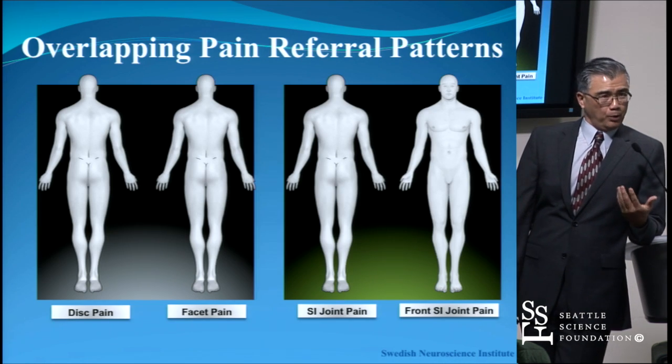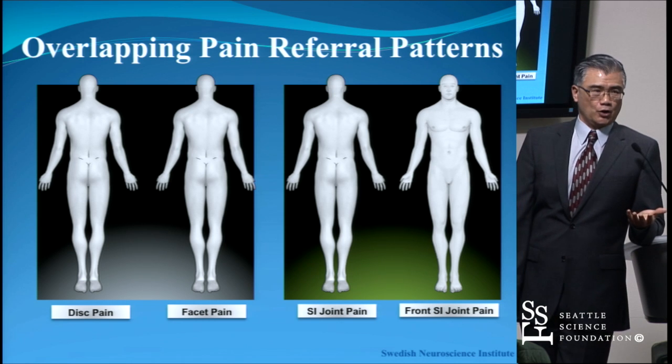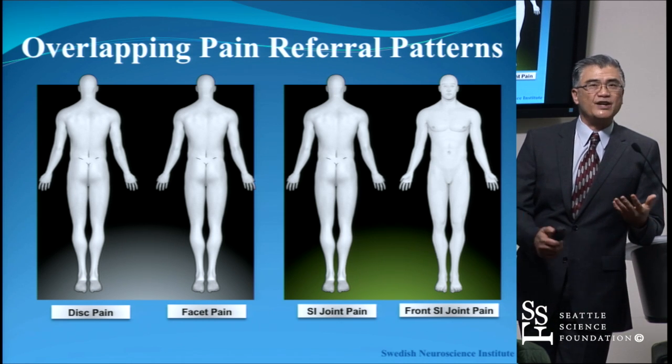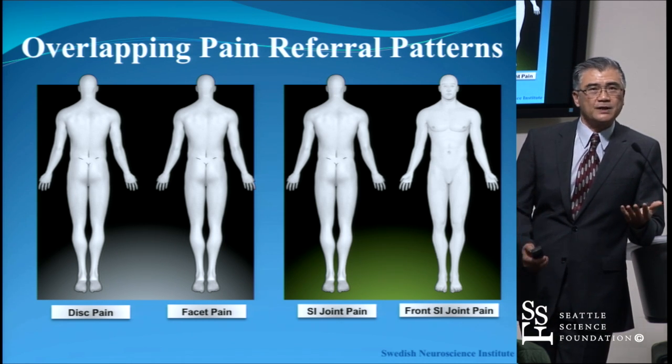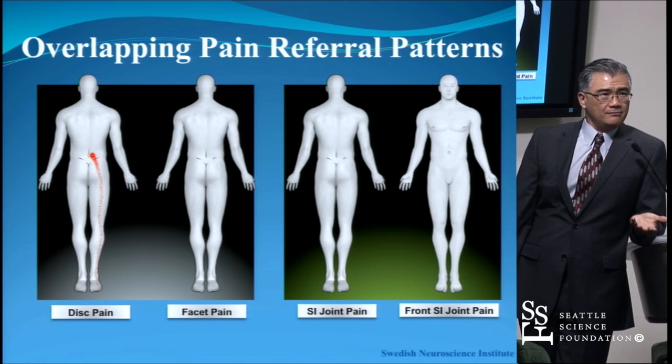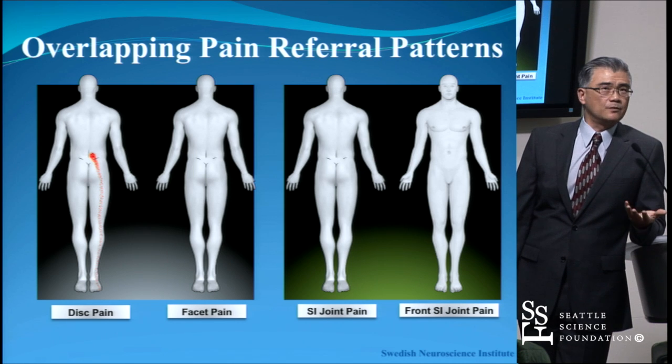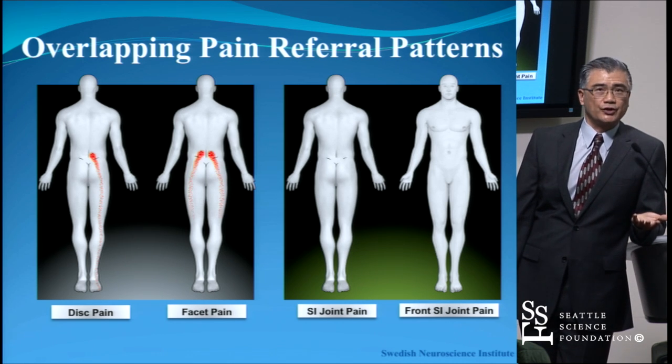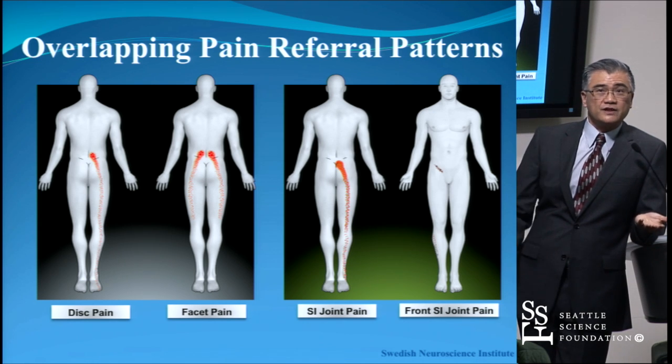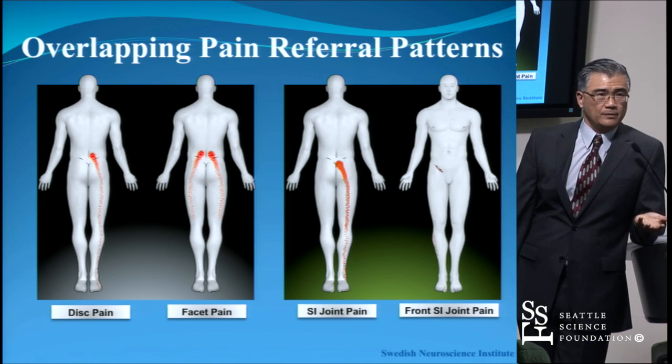Now, the problem is why it's so difficult to make a diagnosis just based on a physical examination, because discogenic pain, okay, radiculopathy can present with pain also like SI joint or facet joint pain, okay. Now SI joint pain, if you look at all these pictures, actually they all look the same. They overlap.